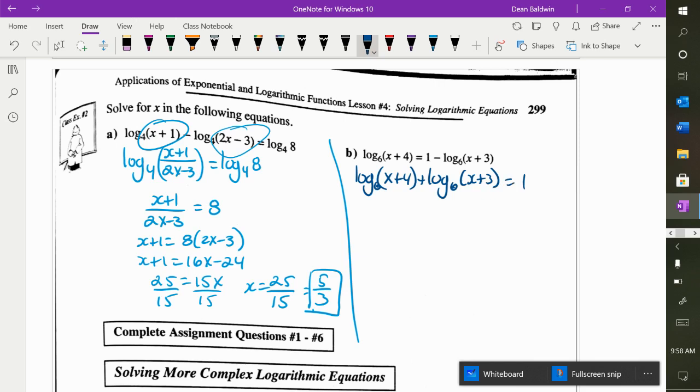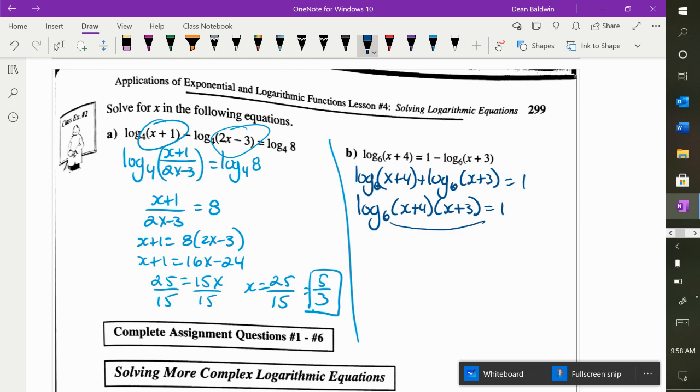Those are being added, so we are multiplying. A log equals a number. So what do we do? Change to exponential, right?